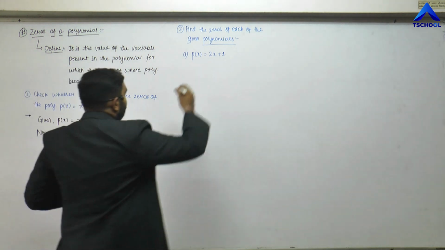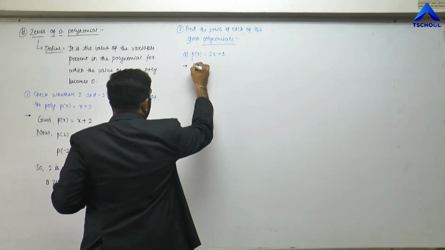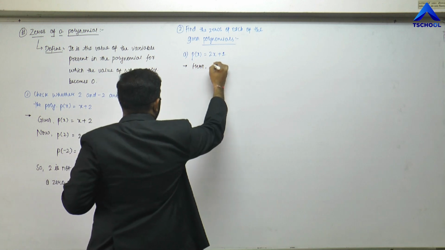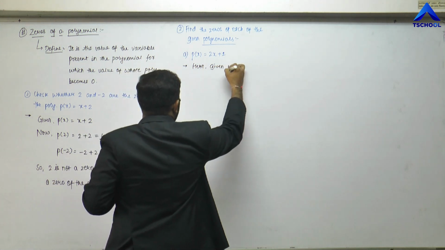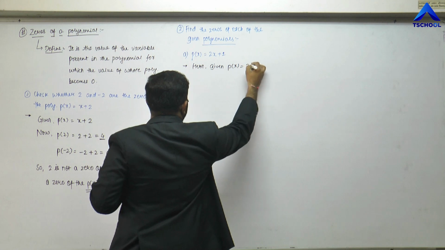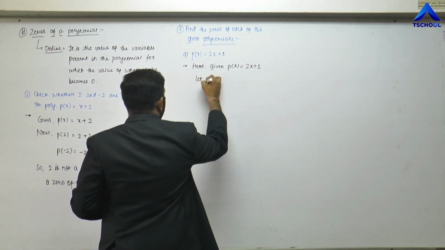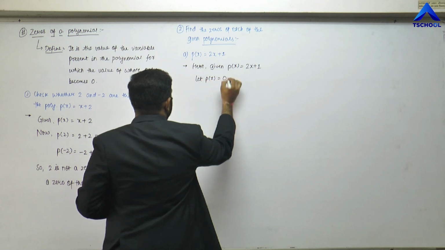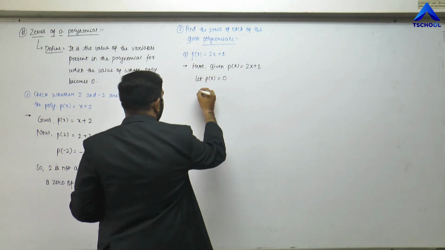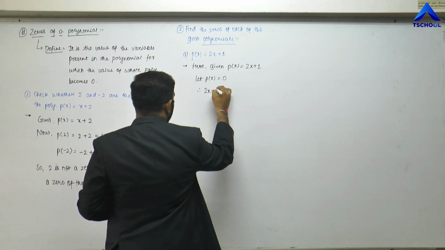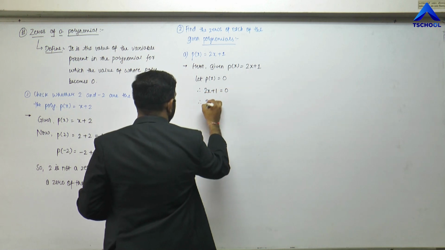So to find out the zeros, here given P of x is equal to 2x plus 1, let P of x is equal to 0. Therefore 2x plus 1 is equal to 0.